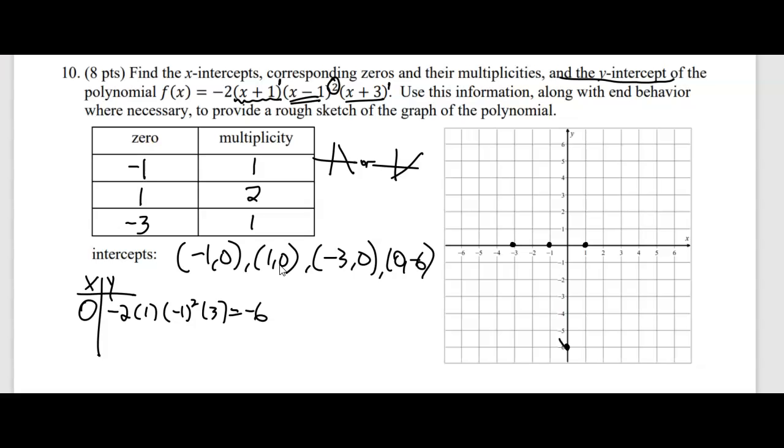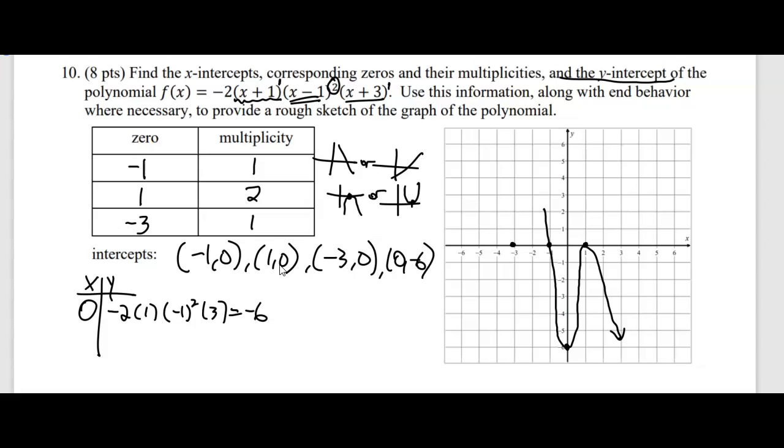So as it's going up this way, it's going to cross like a line. At positive 1, multiplicity 2, that bounces like an x squared. So as we're coming up to this one, it's going to bounce like an x squared and go back down.